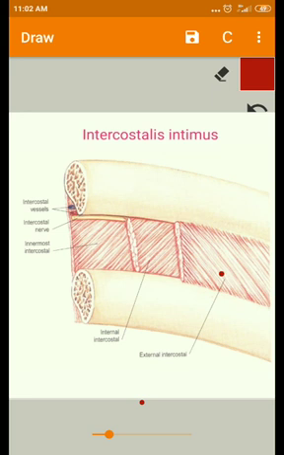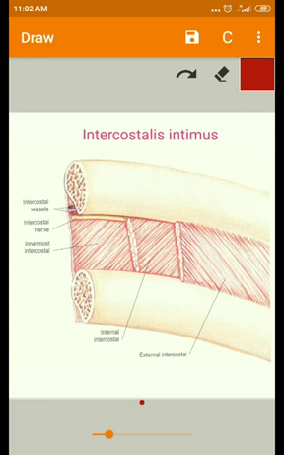Okay, so that is the main function of this muscle. They act as elevators of the ribs and help in respiration. Okay, so this is about the intercostalis intimus muscle.